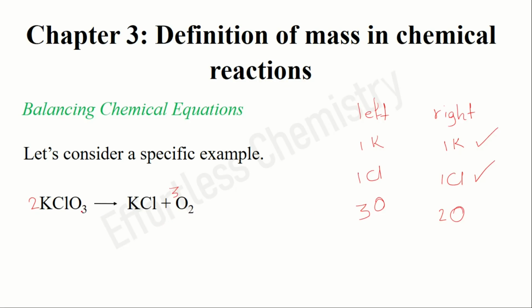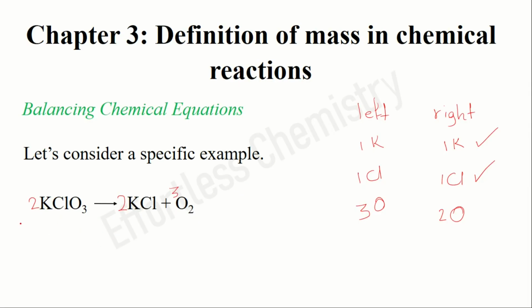Now we have 6 oxygen atoms, but the thing that has been changed is related to potassium and chlorine, that we have 1 of each on the left and 2 of each on the right. So the balanced equation would be obtained if I have a number 2 here.